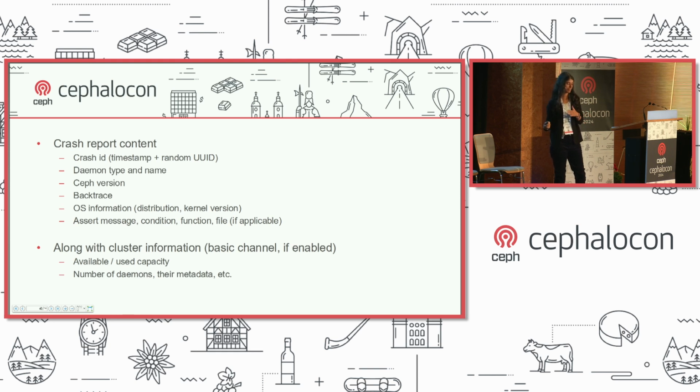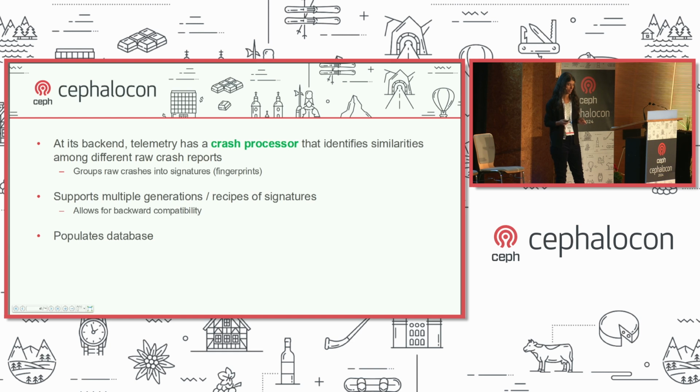And we can look at that and combine that with other cluster information, in case the basic channel is enabled. For example, what's the used capacity, or how many daemons, like the size of the cluster, and so on.